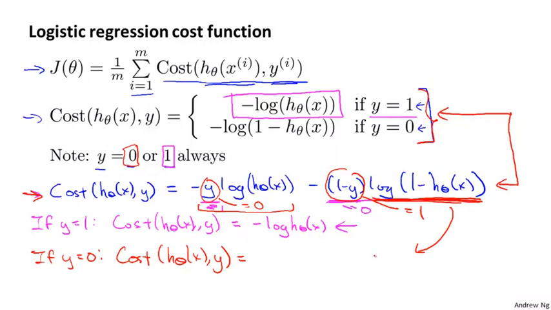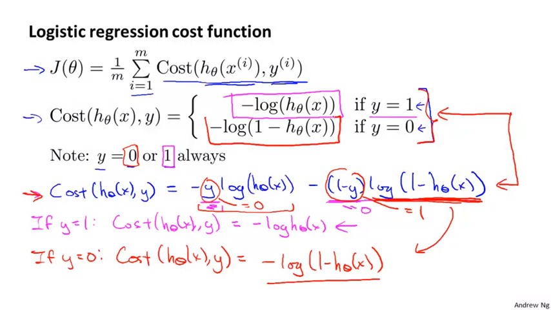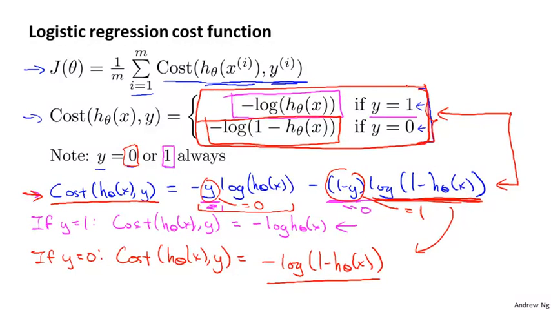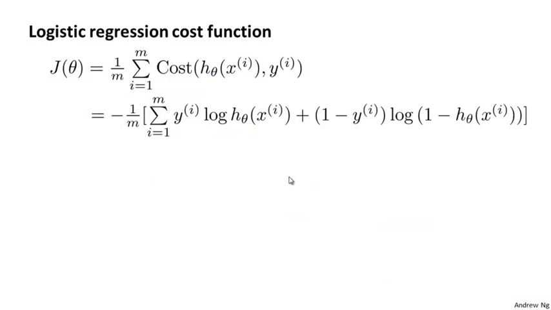So we're left with minus log(1 minus h of x). You can verify that this is exactly what we had for when y is equal to 0. So this shows that this definition for the cost is just a more compact way of taking both of these expressions, the cases y equals 1 and y equals 0, and writing them in a more convenient form with just one line.